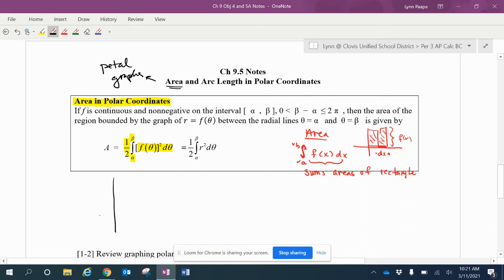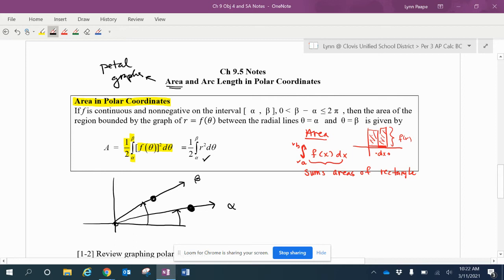When we plot points for polar, we always rotate to a radial line. Here, let's rotate to alpha since we have alpha for a lower limit, and then we go out whatever that distance is on that radius. So from the pole we would go to right here, whatever that r value is. Then we rotate to the next radial line, which we'll call beta, and go out however far.